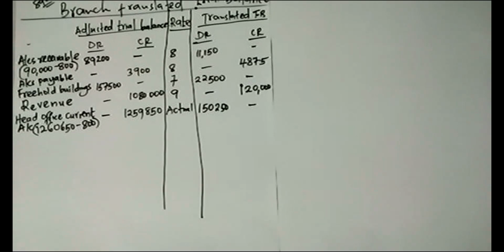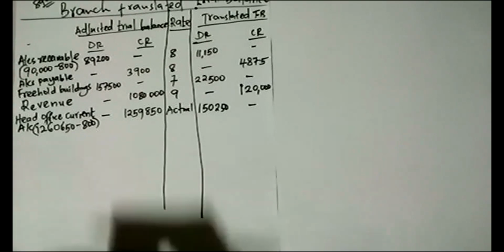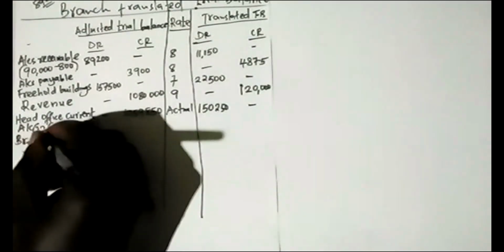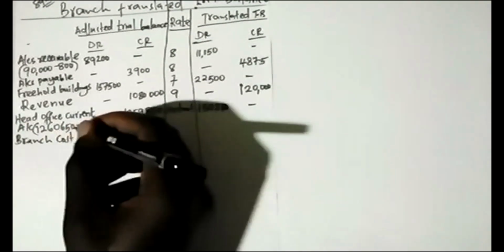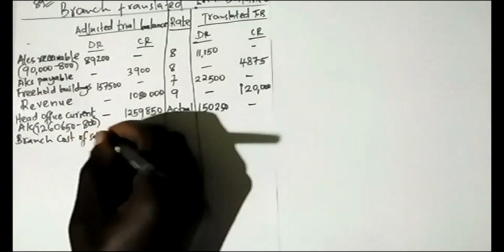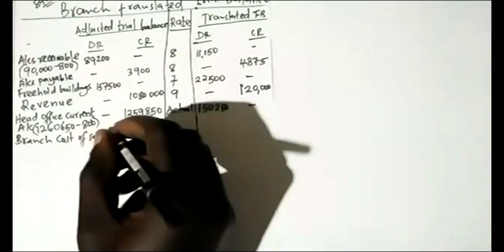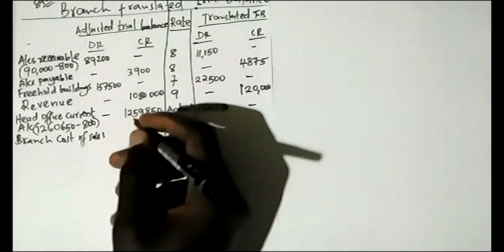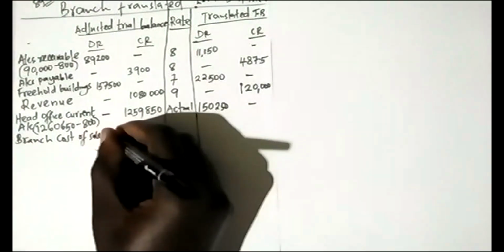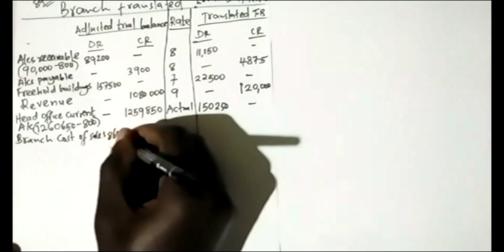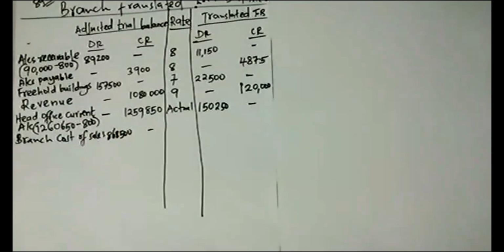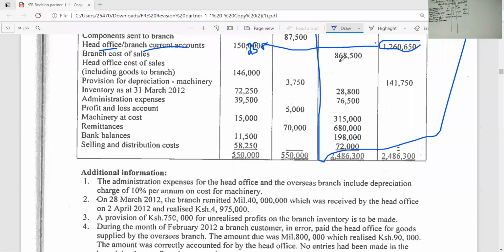As given in the branch, we have the branch cost of sales. This one is 868,500. Let's check if that one is fine. So that is fine.